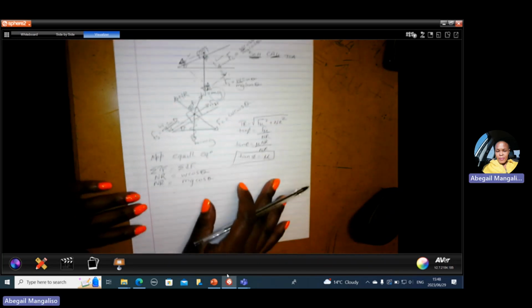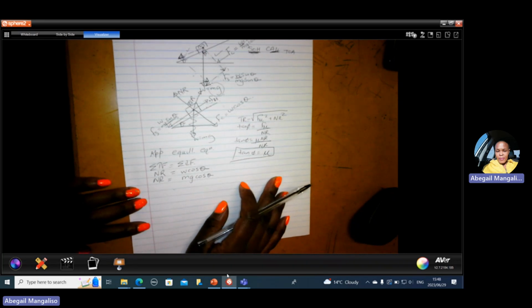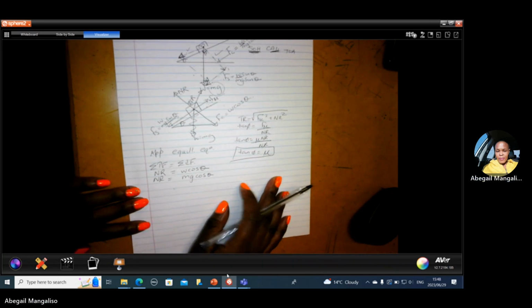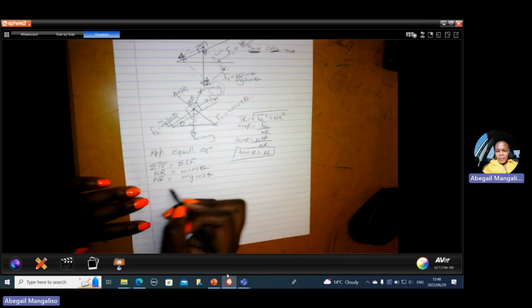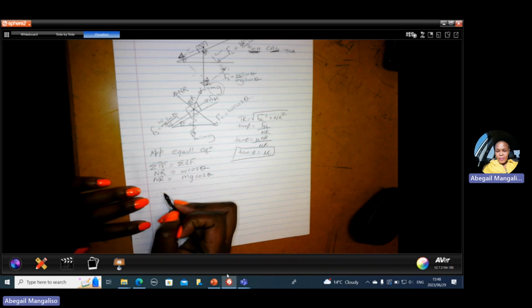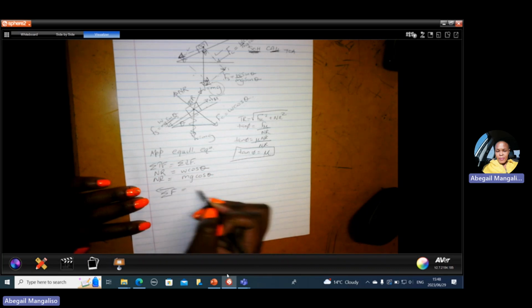Now, if we consider the equation for the forces that are parallel to the slope or to the plane, we apply the equilibrium condition that forces to the left, if this is balanced, are equal to forces to the right.